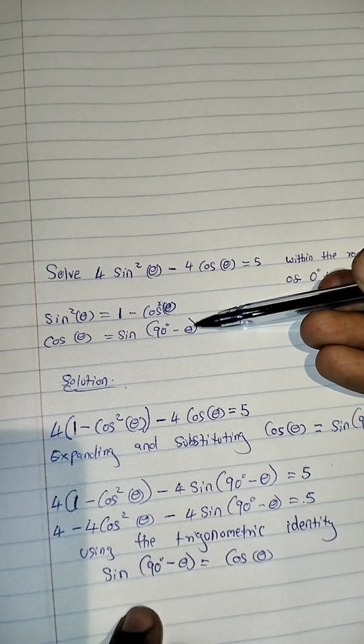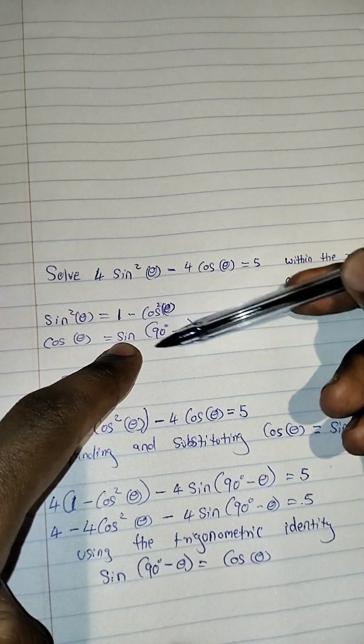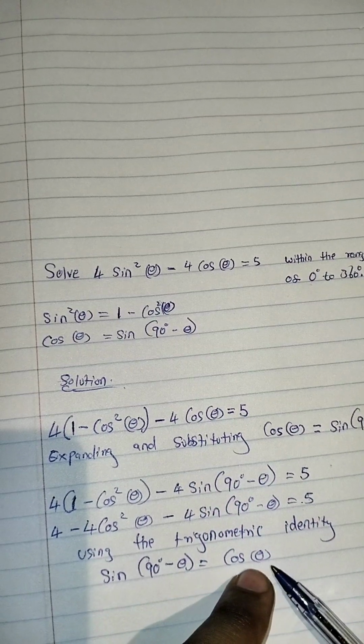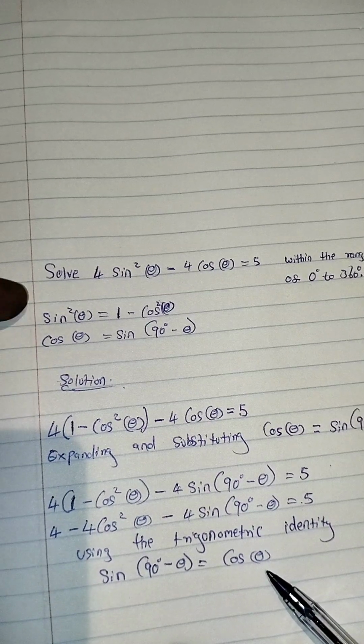This I've just written, you can put it vice versa. Cos theta is equal to sine 90 minus theta, or you can begin by saying sine 90 degrees minus theta is equal to cos theta, learner. So I want you to see this one working as I've just shown you the first one working.